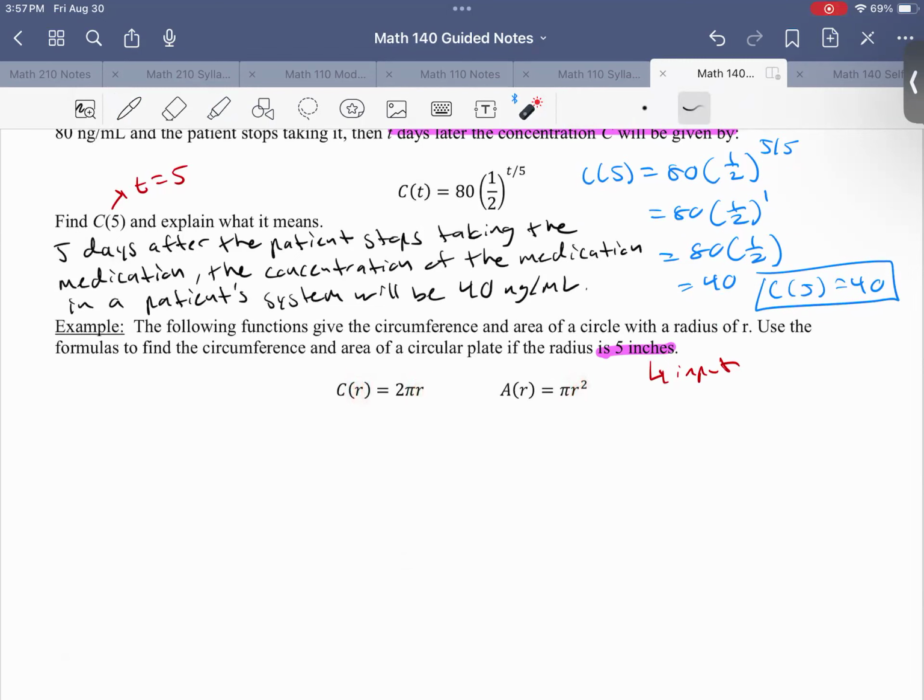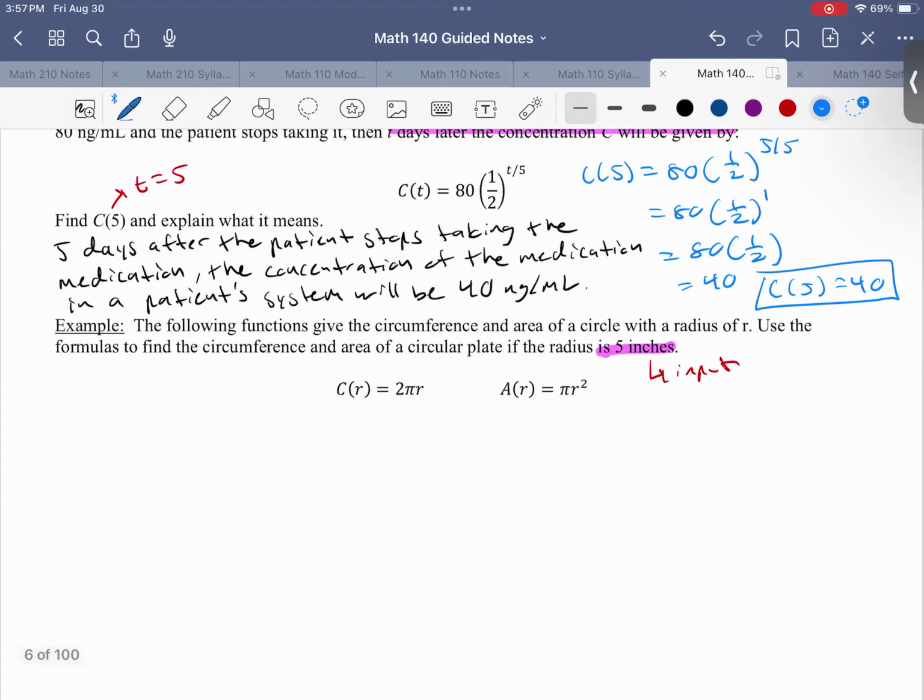That just means r is our input. So we're going to plug in 5 and see what our circumference and area are. C of 5 equals 2 pi times 5, and that's really just 10 pi. Likewise, we have A of 5, so pi times 5 squared, and that's just 25 pi.